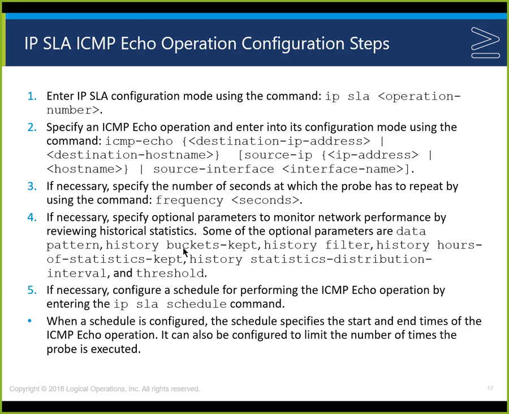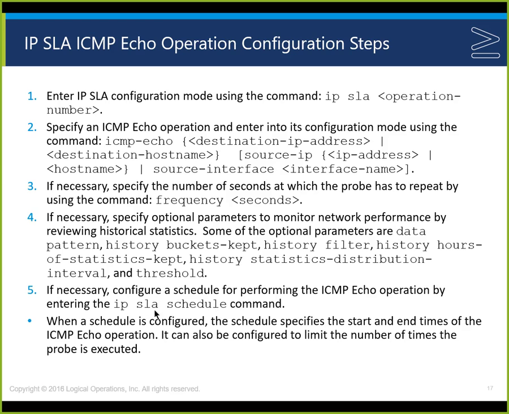Some operational parameters: history buckets kept, history filter, history hours of statistics kept, distribution interval, threshold. We can also tell it when to start. You don't have to run it all the time. You can run it at certain times of the day, so it can be scheduled.